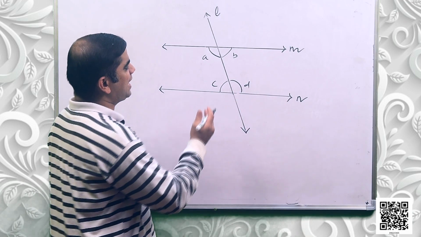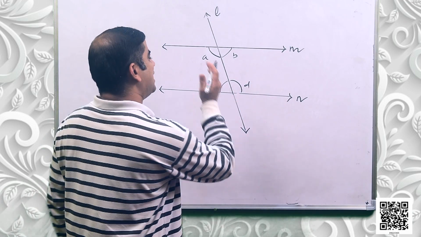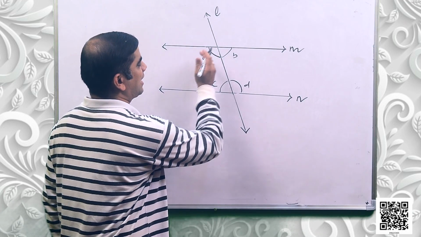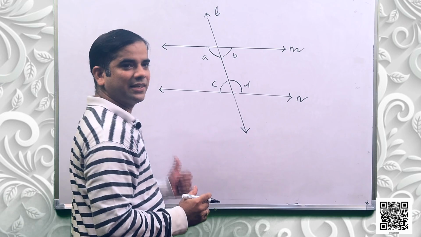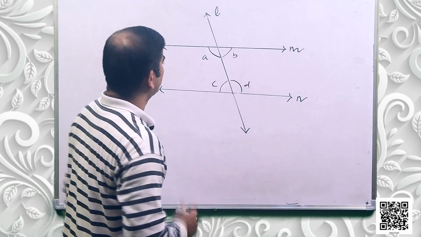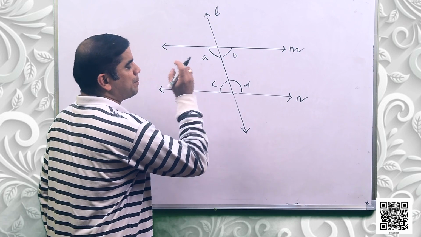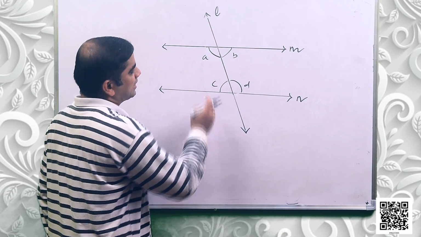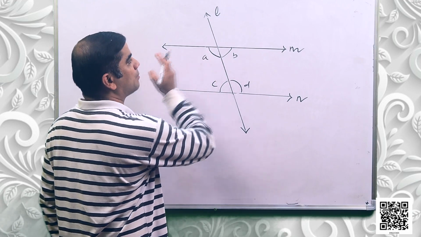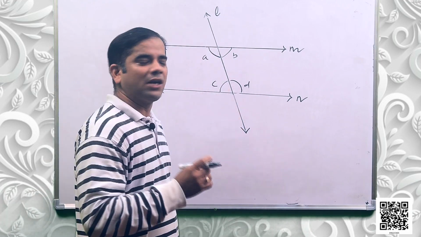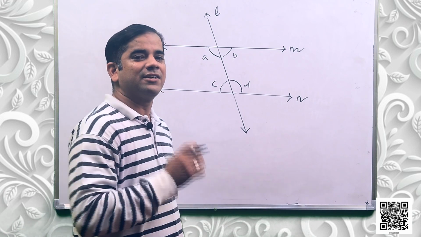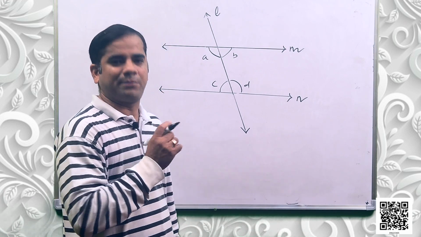So, the internal angles on one side of the intersecting line are A and C towards the left, and B and D towards the right. So, there is a point in which the sum of the internal angles on one side of the intersecting line, which are also called co-interior angles, which we have already studied in previous chapters.